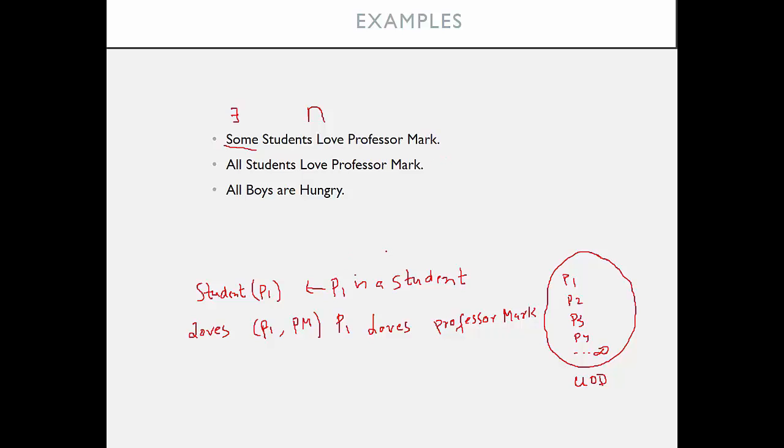It will be like this: for some X, or it could also be, for there exists at least one X, such that X is a student and X loves Professor Mark. That's how we represent this.